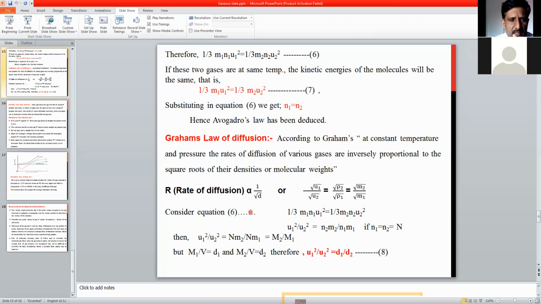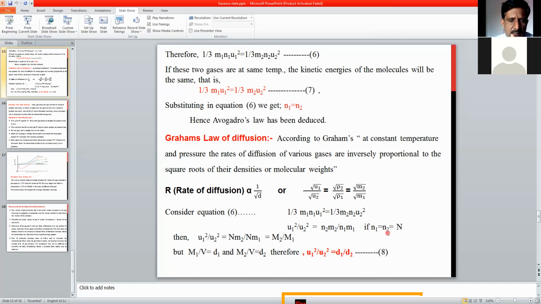Now, if you consider equation number 6, rewritten here: 1 upon 3 m1 n1 u1 square is equal to 1 upon 3 m2 n2 u2 square. Now, u1 square divided by u2 square is equal to n2 m2 divided by n1 m1.